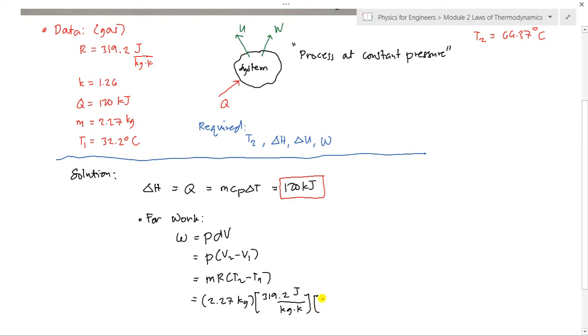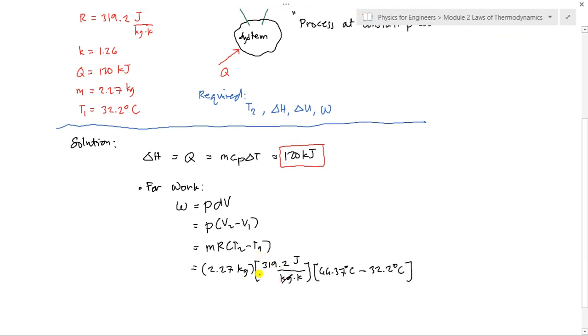And then our T2 is 66.37 degrees Celsius, minus our T1, 32.2 degrees Celsius. So here the kilogram cancels. Since this is a change in degrees Celsius, it is automatically equal to a change in Kelvin, so that cancels. What's left is joules, which is the unit of work.